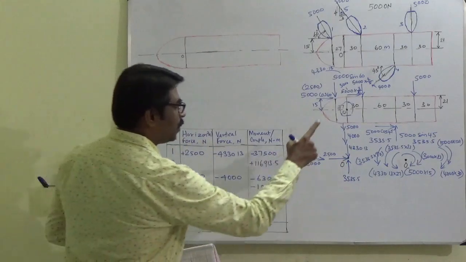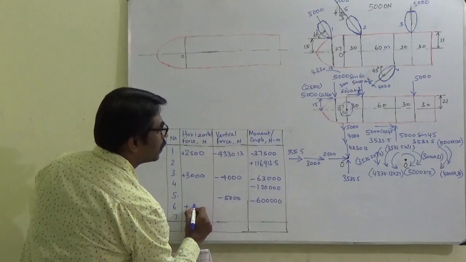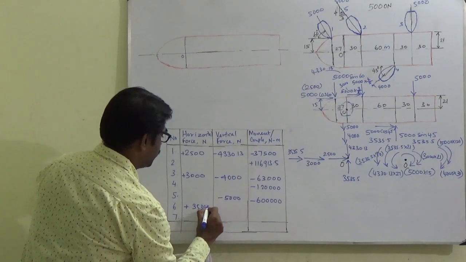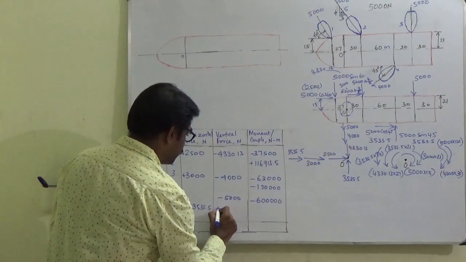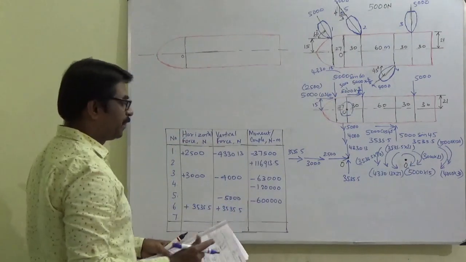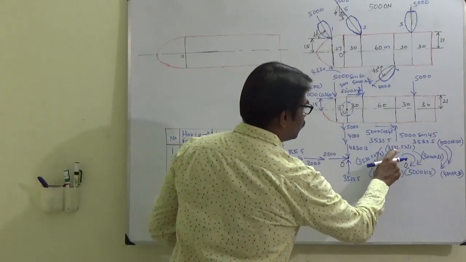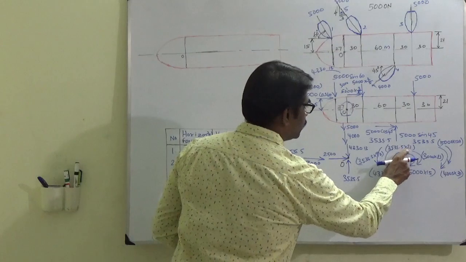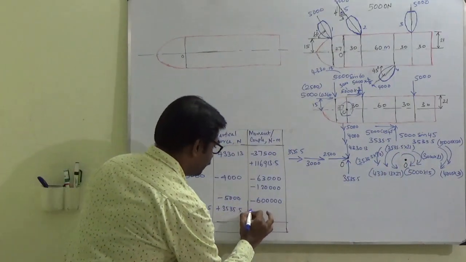So one is 3535.5, and this is also plus 3535.5, and we have two moments. 3535.5 into 21, that is 74,245.